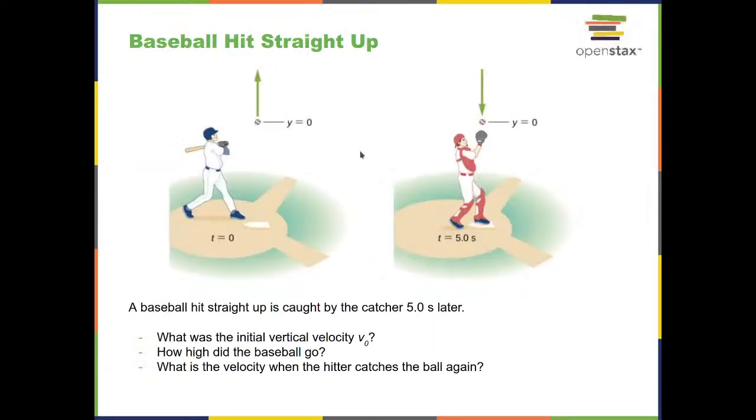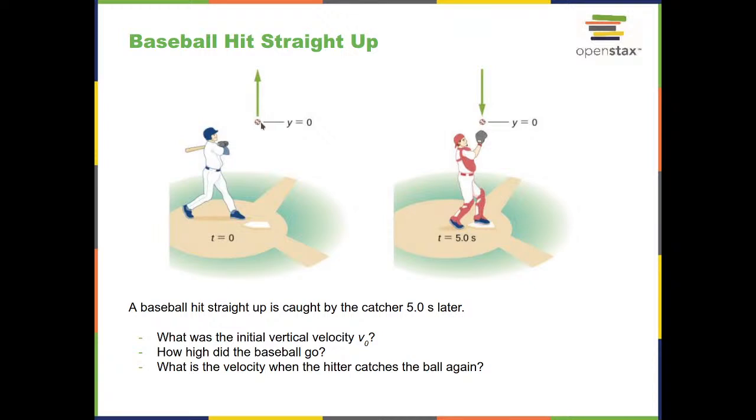Let's go to a first problem, which is this baseball problem. A baseball hitter hits a baseball, and the baseball goes straight up. We still want to keep this one-dimensional motion, so that's why we're going straight up, not at an angle. That will be something we talk about on Friday.